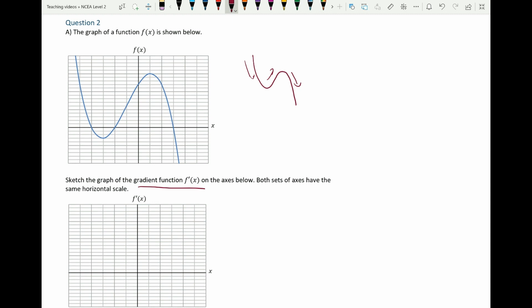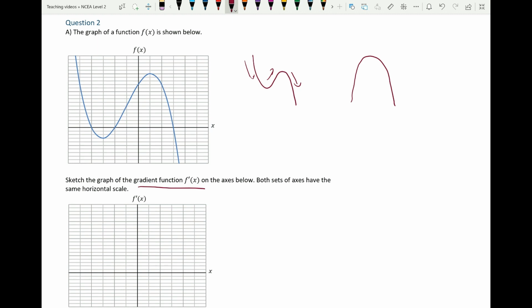So first of all, we want to think about what we've got, which is a negative cubic equation. If we differentiate that, because we've got f of x and we want to get f dash of x, then the derivative is going to be a negative quadratic. A negative quadratic will look like that, an upside down parabola.